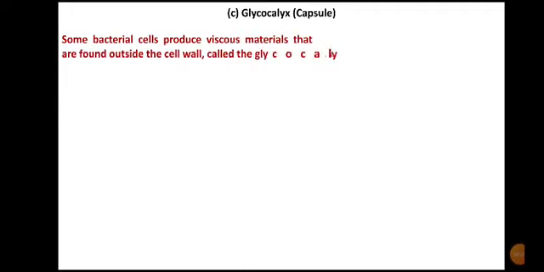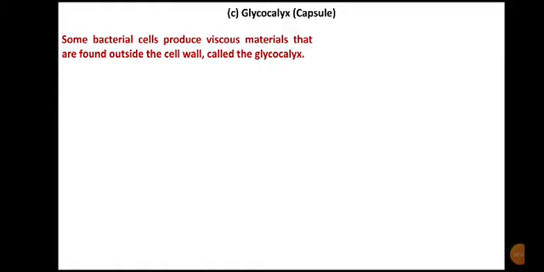The next component of the bacterial cell is the capsule, the outermost layer found around the cell wall of the bacterial cell. In general, we call it the glycocalyx. Not all bacterial cells possess this glycocalyx, but a few bacteria do.